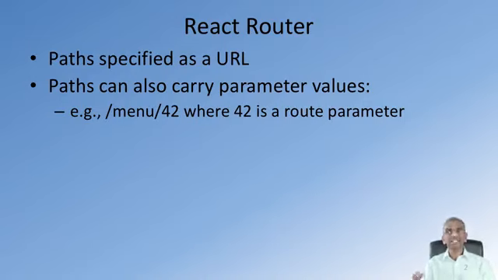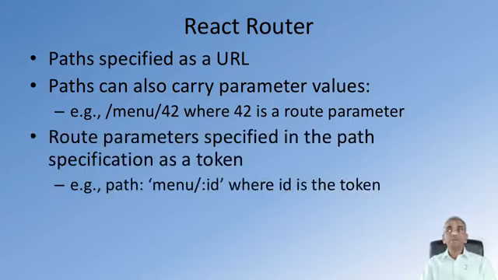So how do we pass parameters like these in the URL of a route using React router? This is where the route parameters enable us to specify part of the route as a parameter that will have to be interpreted appropriately by the React router. For example, when we specify a path in our application, we can say path as menu/:id.